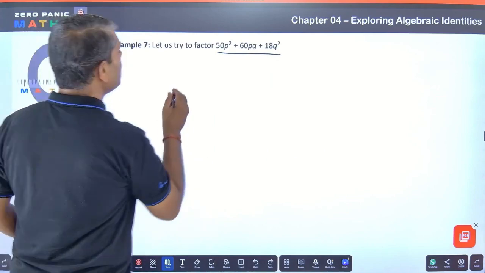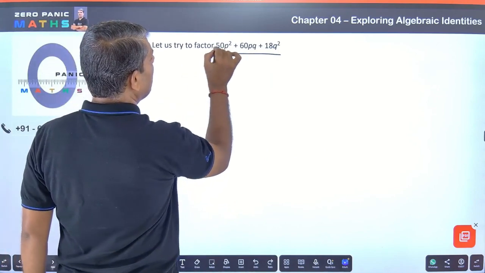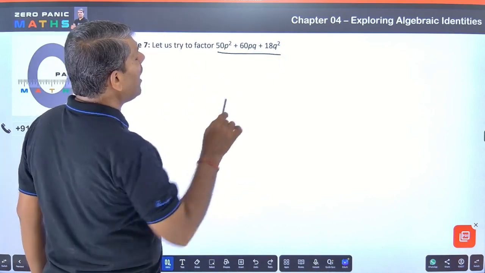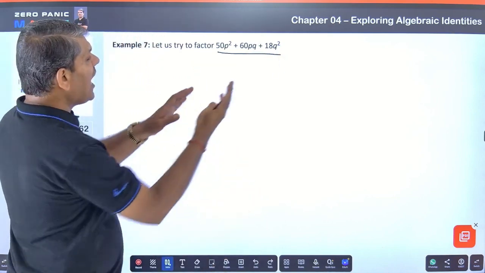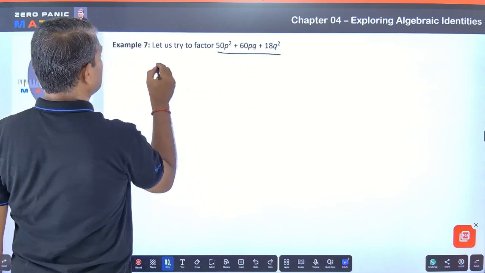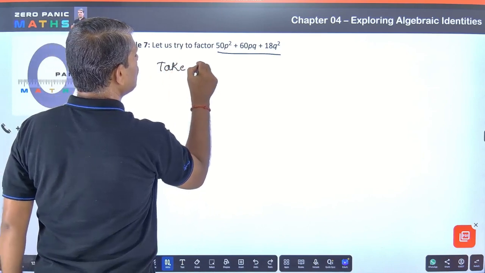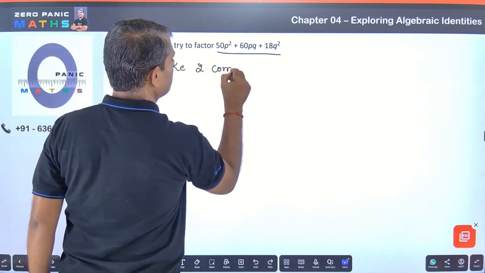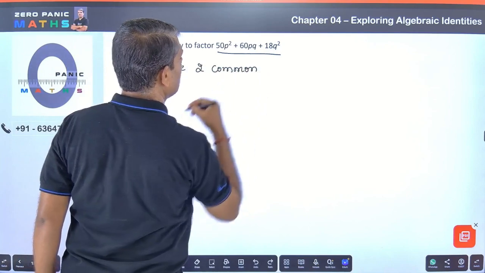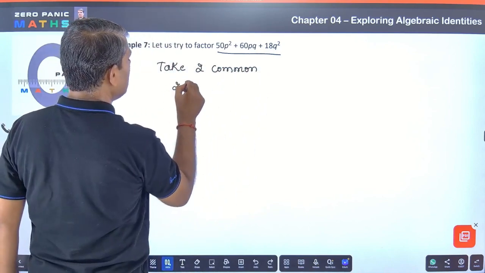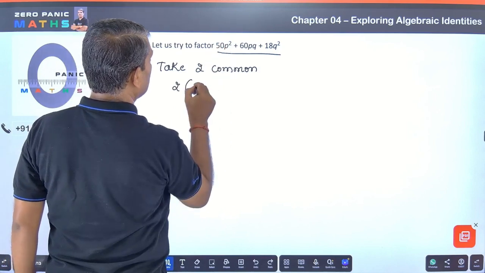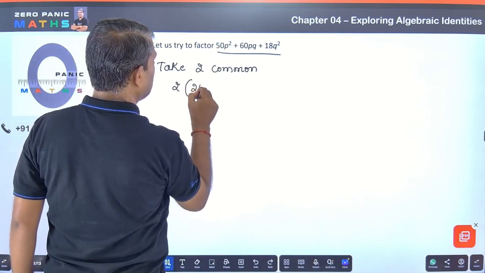So what I will do is just divide this expression by 2, or you can say I will take 2 common out of this. Take 2 common from the expression. When I take 2 common, you see that 2 into 25 is 50, right?